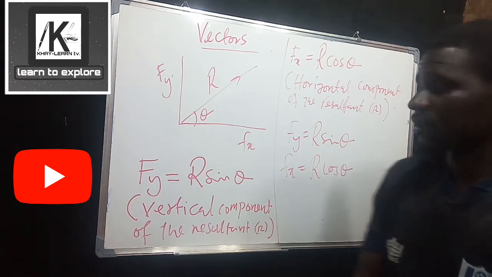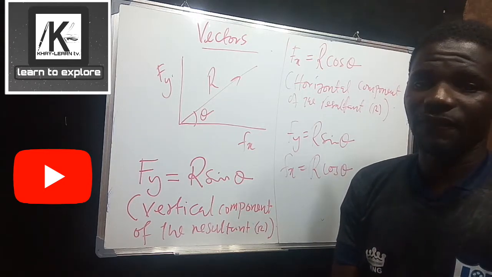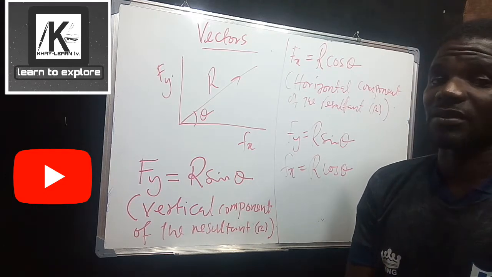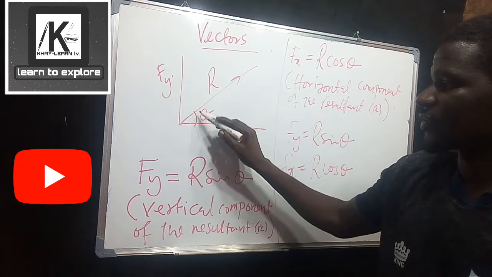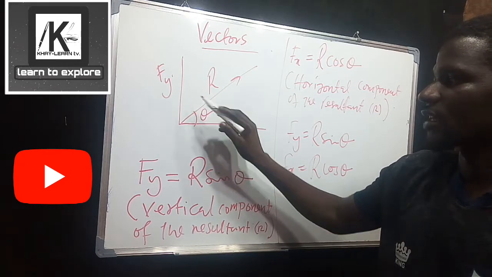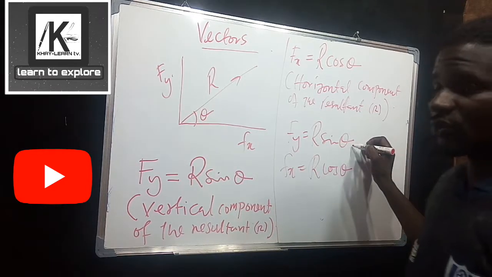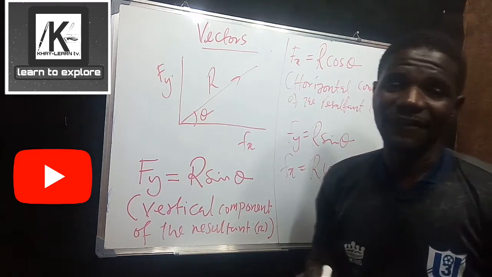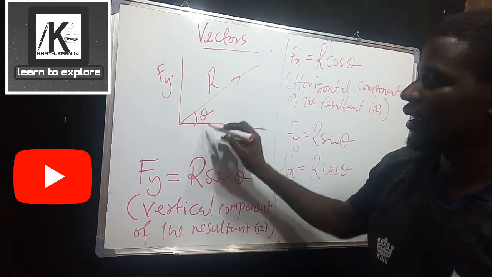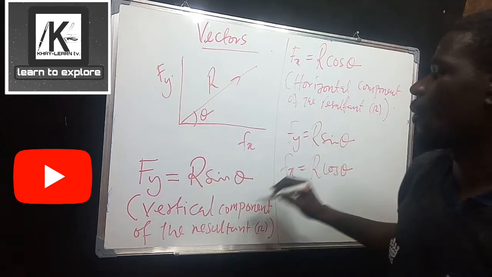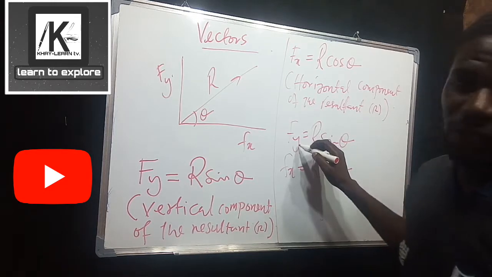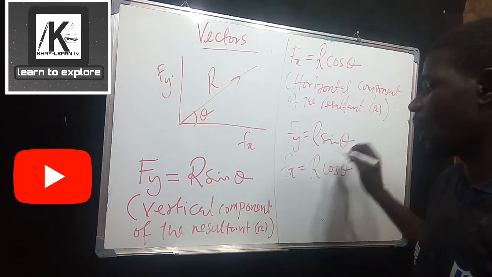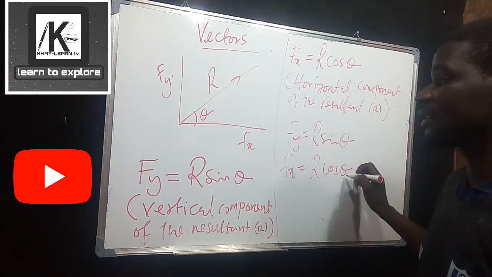The vertical component is R sine theta only if the angle of the resultant is to the horizontal. If this angle is to the horizontal, then our vertical component will be R sine theta, and our horizontal component will be R cos theta. While if the angle theta is to the vertical, then our Fy component, that is the vertical component, will be R cos theta instead, while the horizontal component will be R sine theta instead.